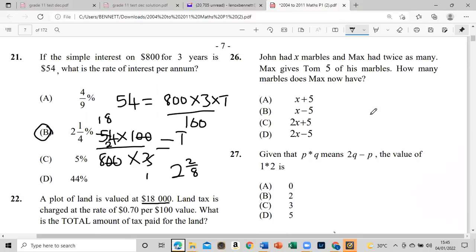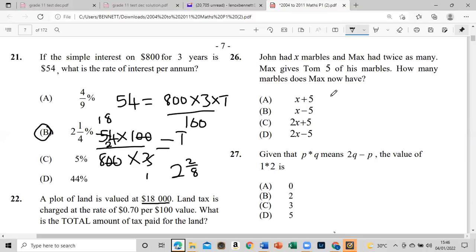John had X marbles and Max had twice as many marbles. Max gives Tom 5 of his marbles. How many marbles did Max have? I'll read that again. John had X marbles and Max had twice. Okay, so Max have twice.